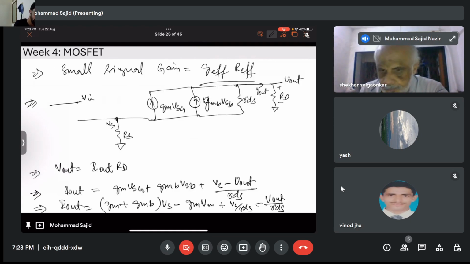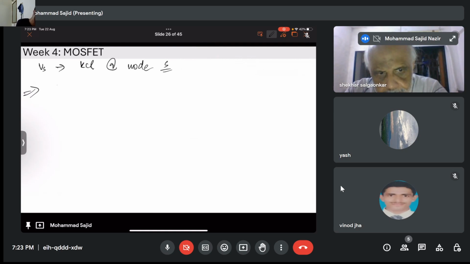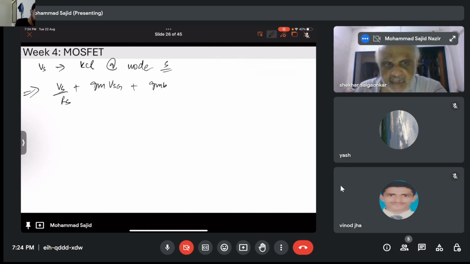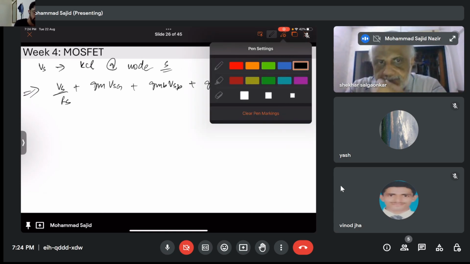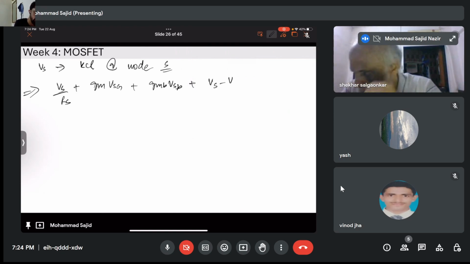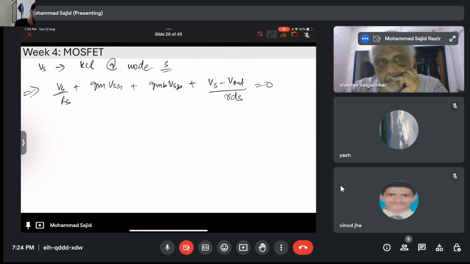So if I do the KCL here, let's denote a current here going this way. So this will be Vs by Rs, current going away again, Gm Vsg plus Gmb Vsb plus Vs minus V output by Rds equivalent to 0.